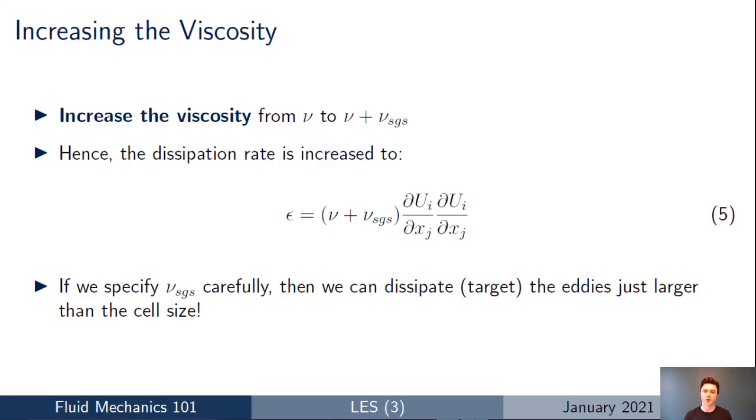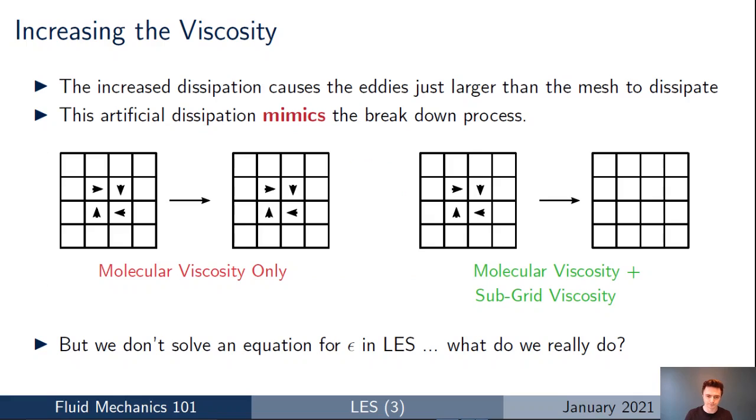We're trying to increase the dissipation rate, and we need to be very careful because we want to increase it just enough so that we can dissipate those eddies which are just larger than the mesh size. So we want to target those eddies and carefully increase the dissipation rate by increasing our subgrid scale viscosity so that we can remove those eddies from the mesh.